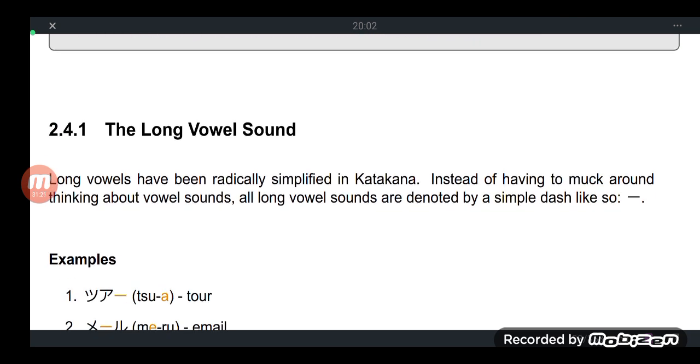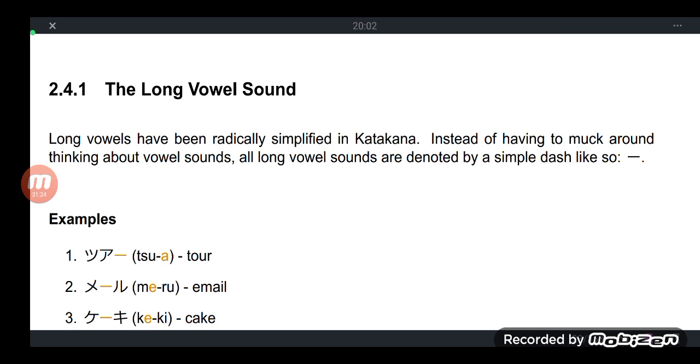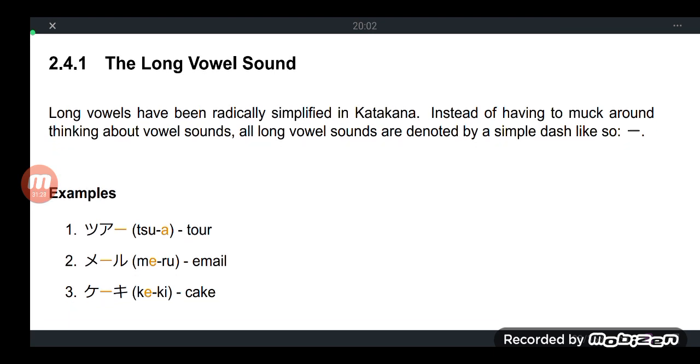And for our lesson today, this is the last part, the long vowel sound. Long vowels have been radically simplified in katakana. Instead of having to muck around thinking about vowel sounds, all long vowel sounds are denoted by a simple dash. Quite simple, but this dash is relatively longer than the usual hyphen in English.